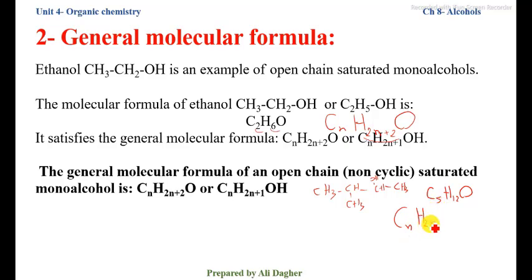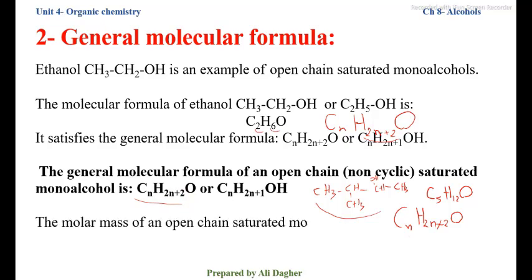Then 2 times N, that means 2 times 5, is 10. But we have 12, then we need to add 2. And we add oxygen. Then CnH2n+2O is the general molecular formula of this alcohol, which is the general molecular formula of any saturated non-cyclic monoalcohol.